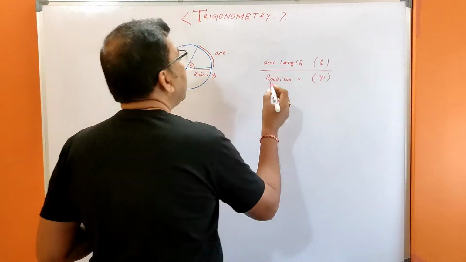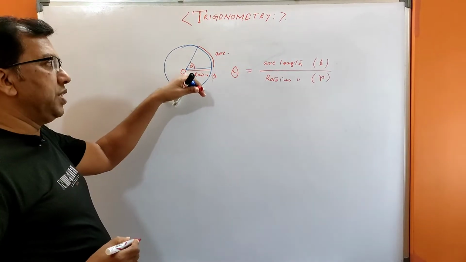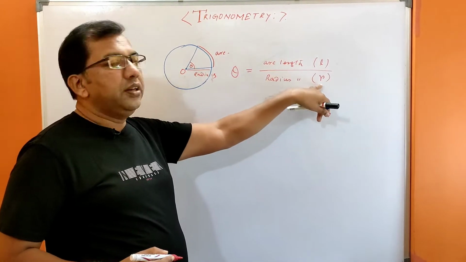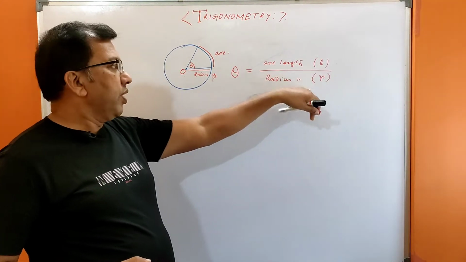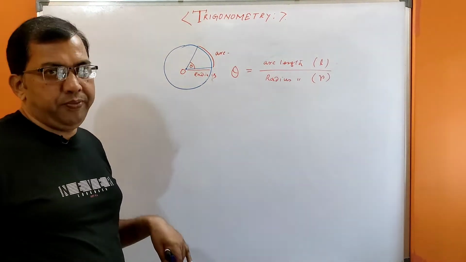Clear? This is equal to theta. That is, the theta angle can be measured by the division of the arc length by the radius length. And it can be measured in case of trigonometry.